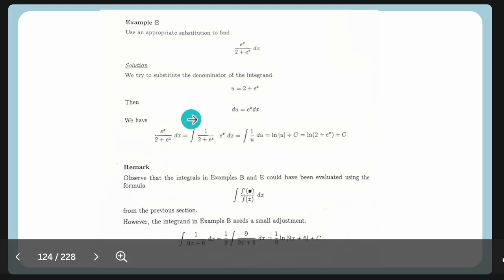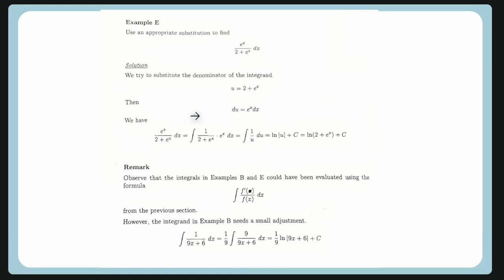All right, now we have the last example, which is example E. We need to use an appropriate substitution to find the integral of e to the power of x divided by 2 plus e to the power of x dx. So for the solution, we try to substitute the denominator of the integral. So you have u equal to 2 plus e to the power of x. Then your du value is e to the power of x dx.